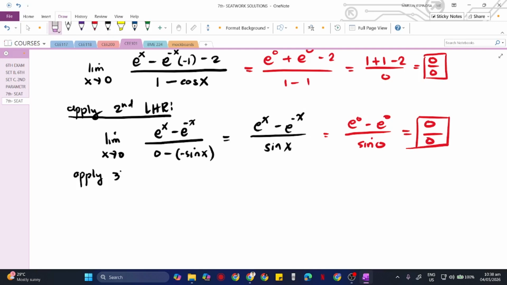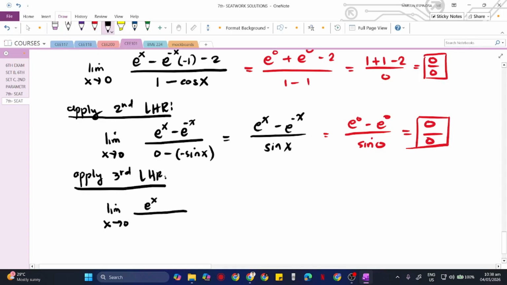Okay, third LHR. So, pag nag-apply kayo ng LHR, walang limit kung hanggang saan at hanggang kailan. Basta makuha nyo yung limit na hindi magiging indeterminate. Okay? So, we now have a limit as x approaches 0. The derivative of e raised to the power of x is still e raised to the power of x. The derivative of negative e raised to the power of negative x magiging positive e raised to the negative x.